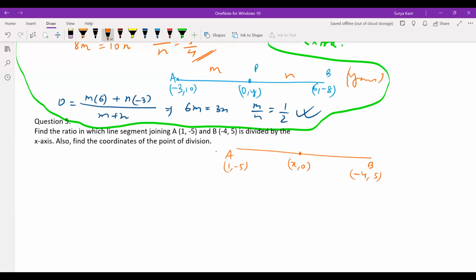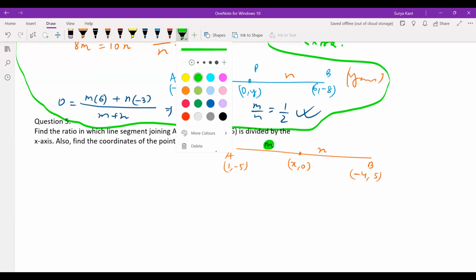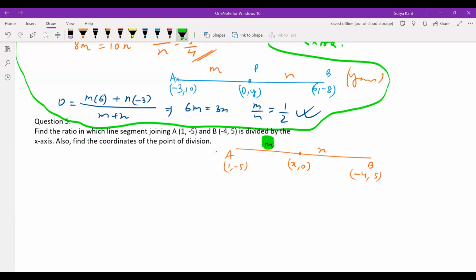So first of all, you have to find m and n. Then later on, you have to find x, 0 also. This is the second question.